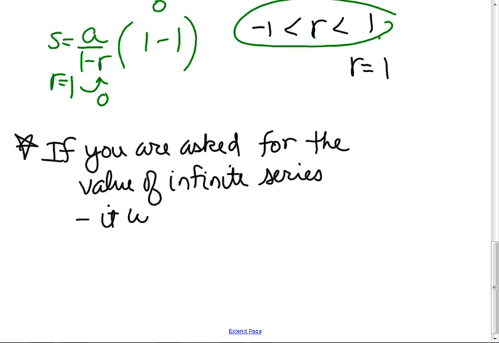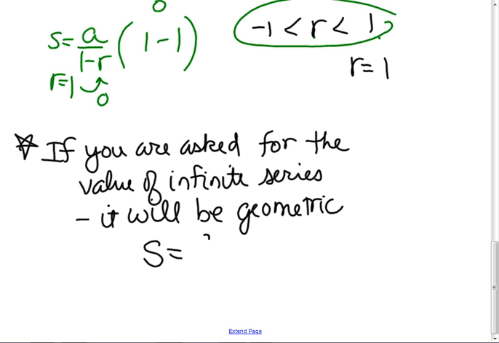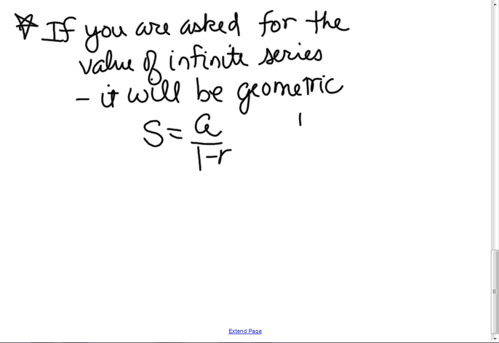It will be geometric. So there's a clue. Because you won't recognize it as geometric, what you do is you write out some of the terms. And the sum for a geometric series is a over 1 minus r, provided that the absolute value of r is less than 1.